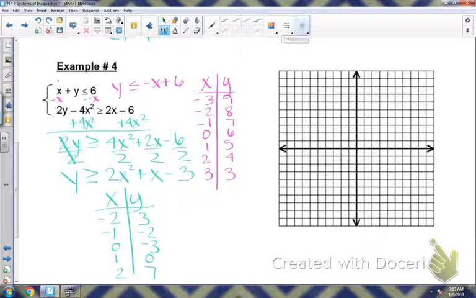Alright, so graphing the first one, negative 3, positive 9, negative 2, 8, negative 1, 7, 0, 6, 1, 5, and notice this is linear, so we could keep going.